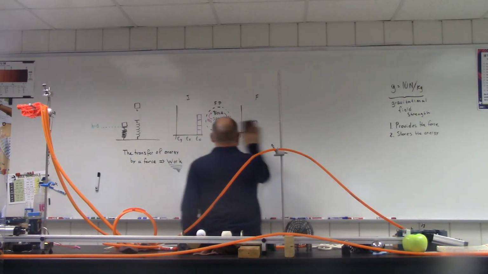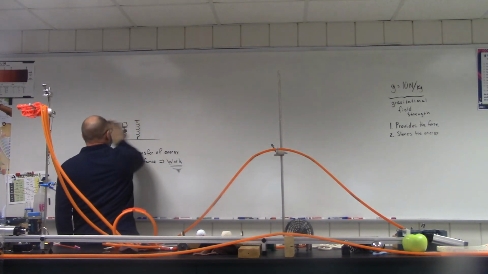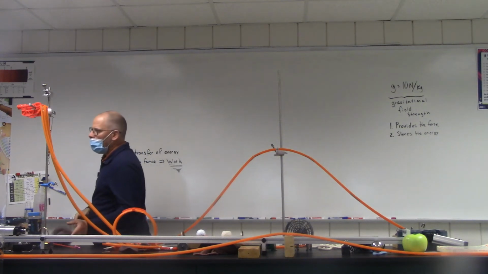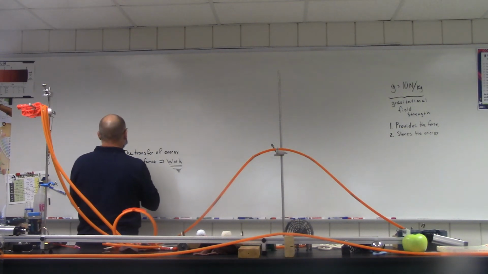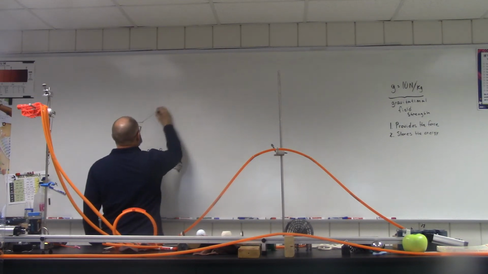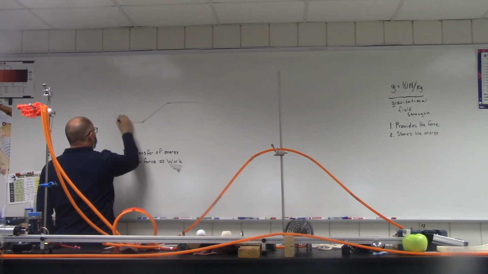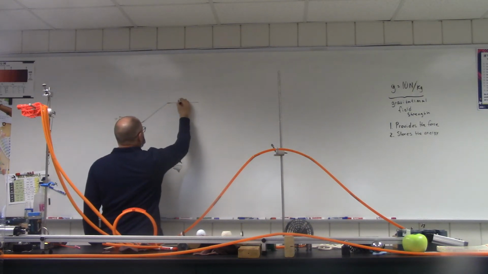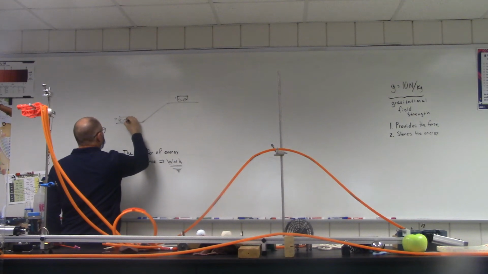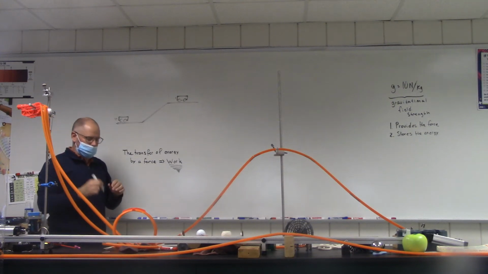All right, let's do another one. Let's look at the next one down. That's an easy one. A cart, it's moving fast, it goes up a hill, it slows.